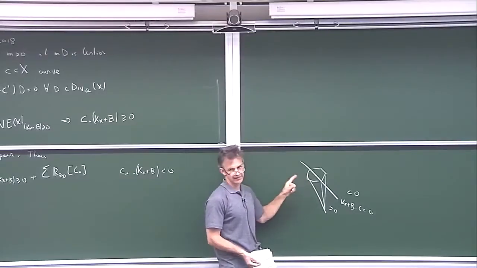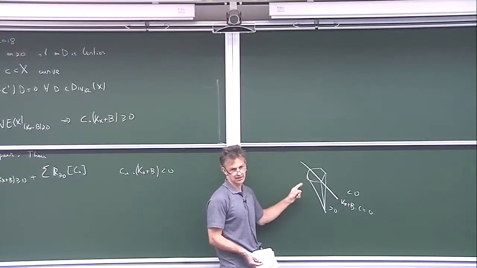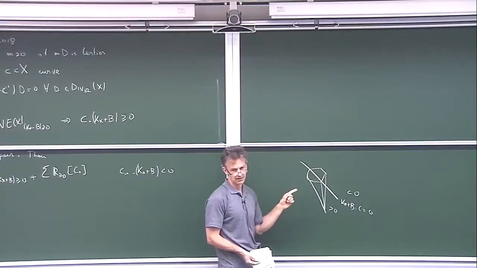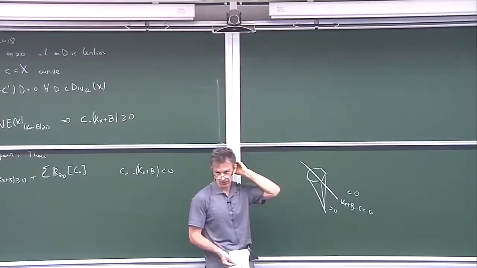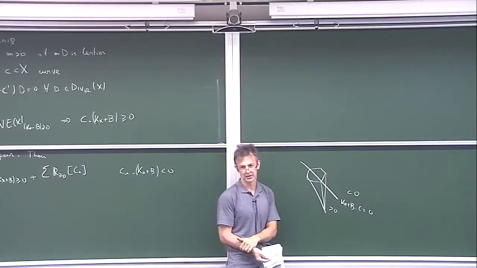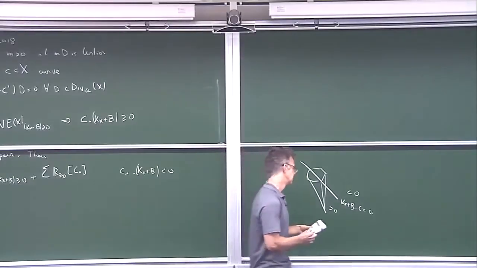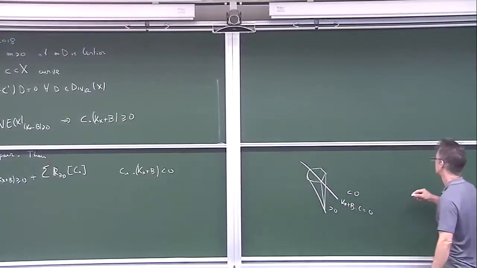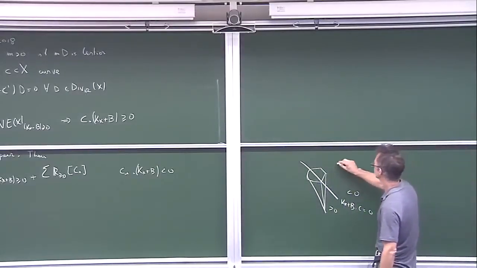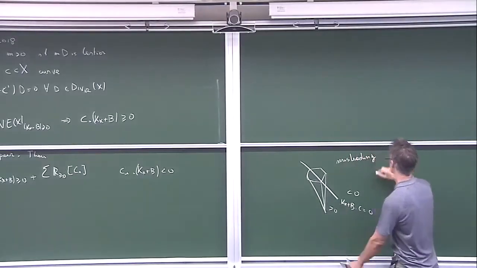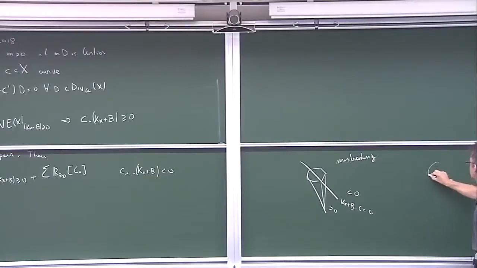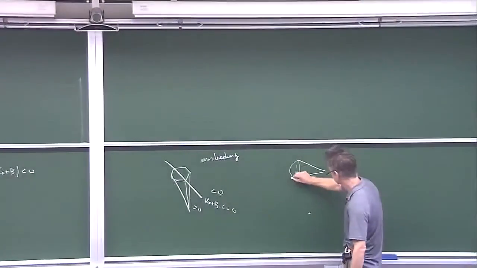However, one should note that this three-dimensional picture is always a bit misleading, because it leads you to believe that on this side of the hyperplane, the cone is locally rational polyhedral, which is not the case. It's accurate in this dimension, but a better picture is something like an ice cream cone, and then a cone over that.